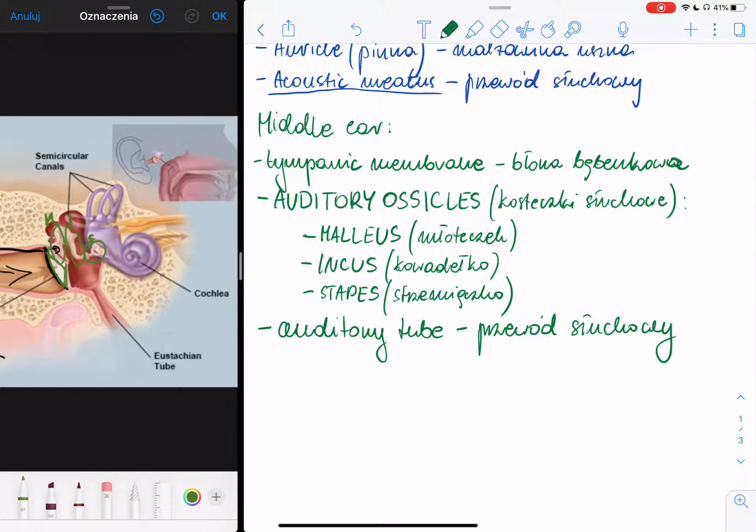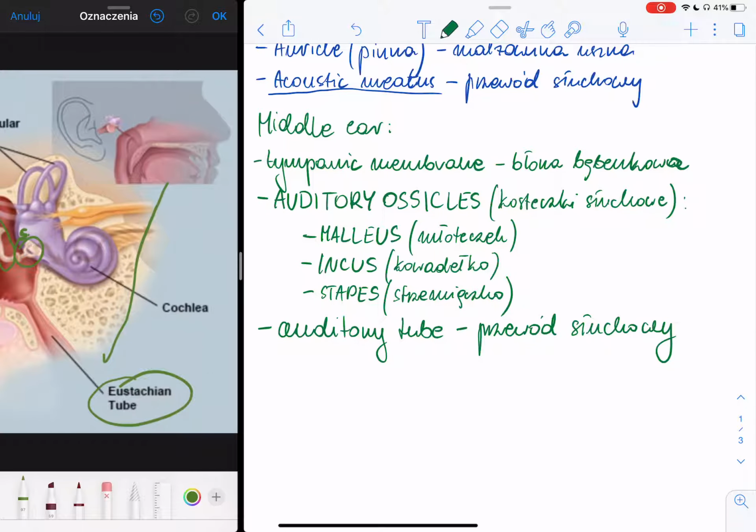And guys, here the auditory tube is marked as Eustachian tube because indeed in the past it used to be called like this, trąbka Eustachiusza, but now the terms have changed a little bit, so let's stick to auditory tube. And here you have a diagram presenting the auditory tube. What it does, it connects the ear to the throat.